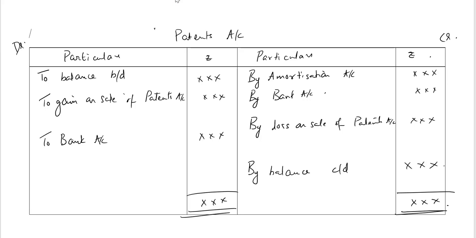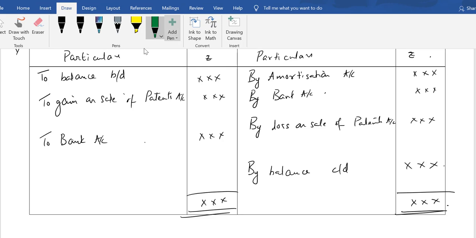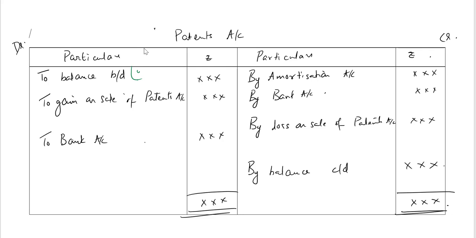Let's check out where each of these items will come in the cash flow statement. The opening balance, we can get the figure from the opening balance sheet. The closing balance, we can get the figure from the closing balance sheet. Sale of patents, inflow in investing activities.